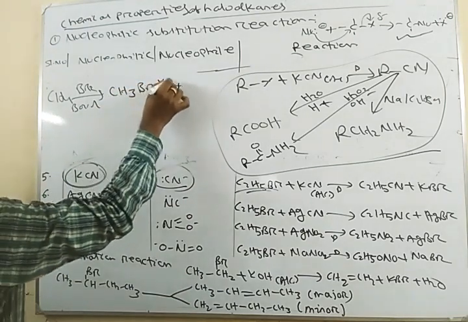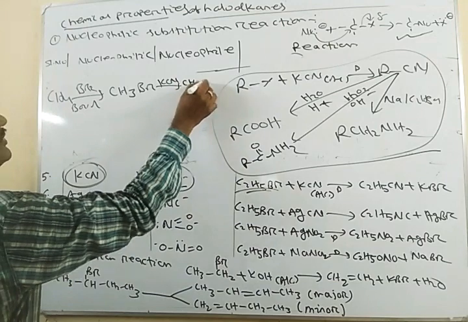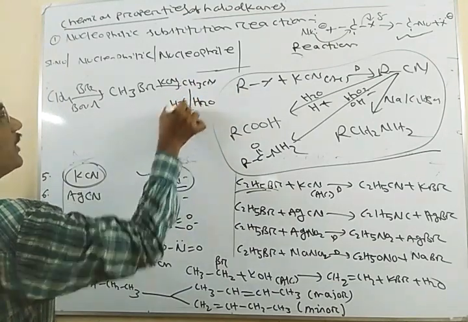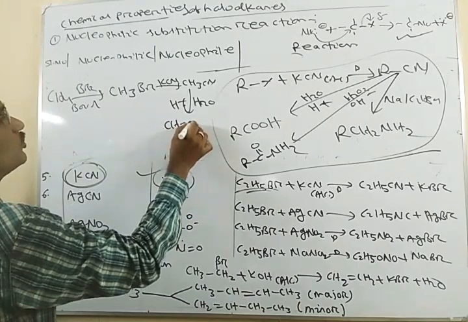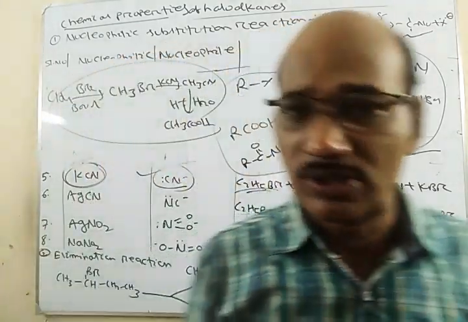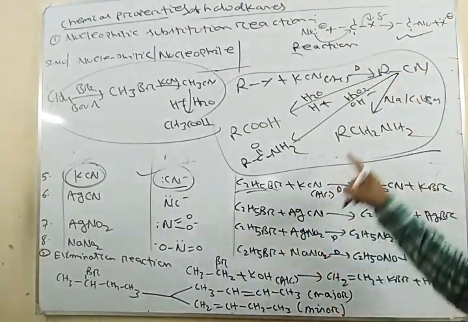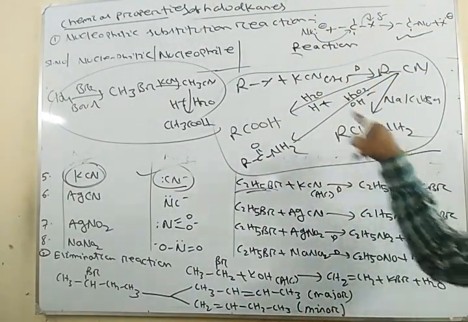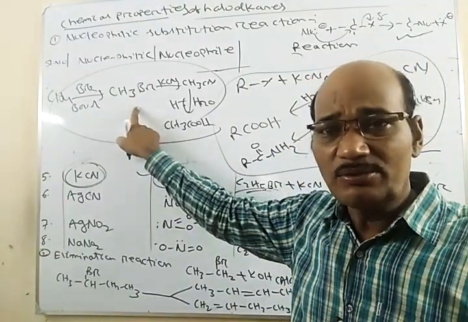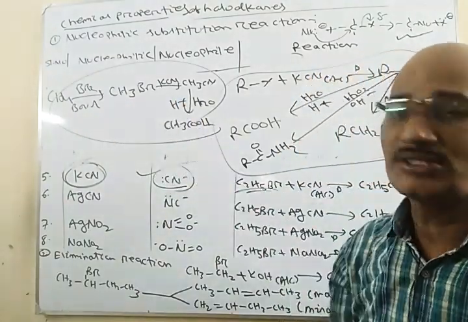Now give KCN to get CH3CN. Now give H2O and H plus, and we get CH3COOH. So methane can be converted to acetic acid with the help of the cyanide reaction. First methane into methyl bromide, then methyl bromide to methyl cyanide, then into acid.